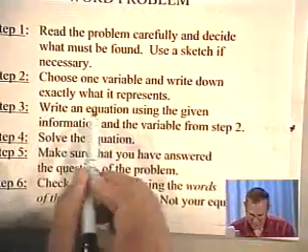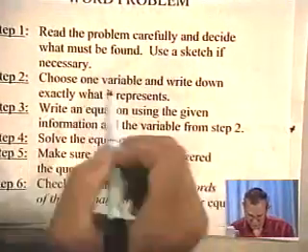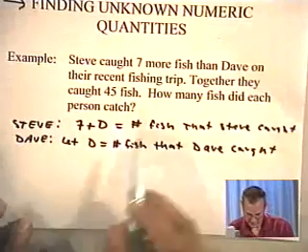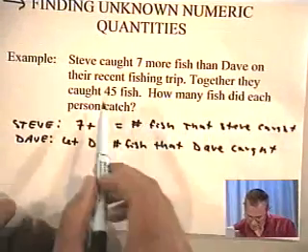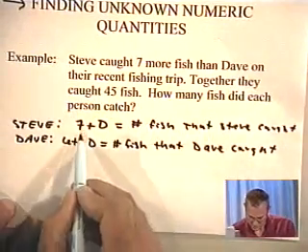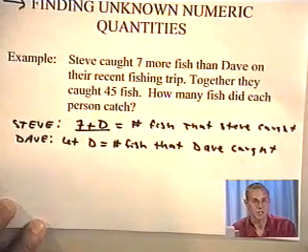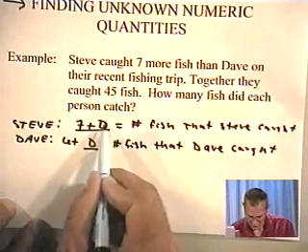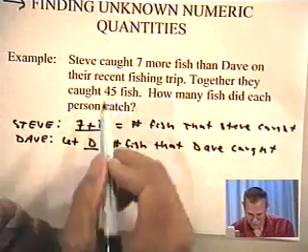Now, we want to write an equation using the given information and the variable that we defined in step 2. Together they caught 45 fish. If Steve caught 7 plus D fish and Dave caught D fish, then Steve's fish plus Dave's fish should equal the total.